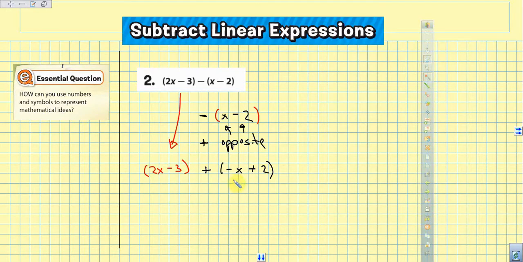Okay, another route to doing this, you still can find your like terms just like we did in our lessons before. Or you can take your 2x minus 3 and we can take our -x plus 2 and we can write it like this and we can add.